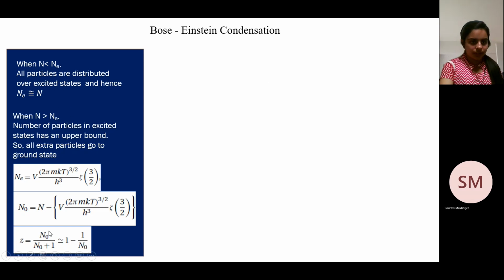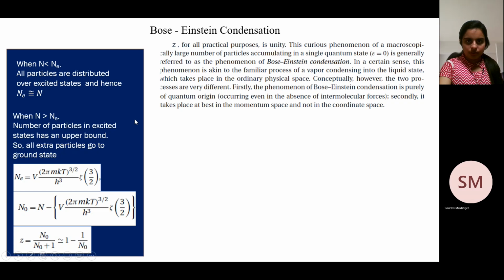So this is what we just discussed, right? Now Z, for all practical purposes, is unity when n is greater than n epsilon, Ne. This phenomenon of a macroscopically large number of particles accumulating in the single quantum state, which is epsilon equal to 0, is generally referred to as Bose-Einstein condensation.